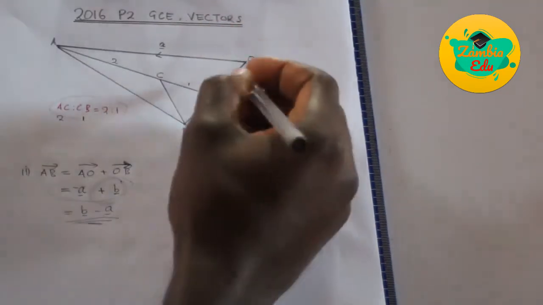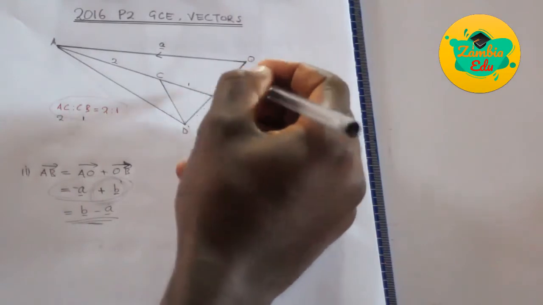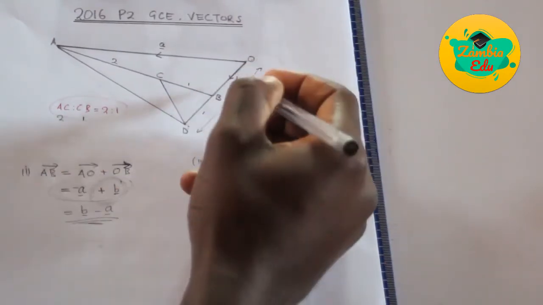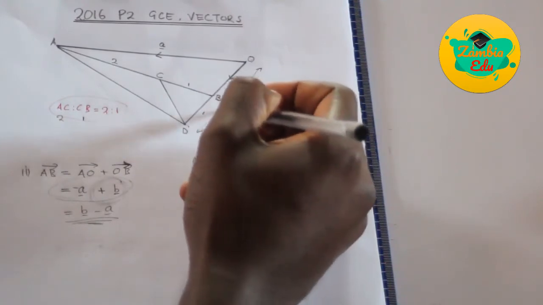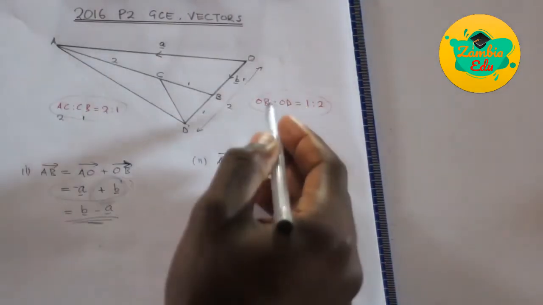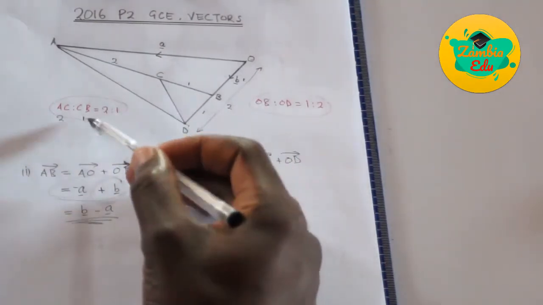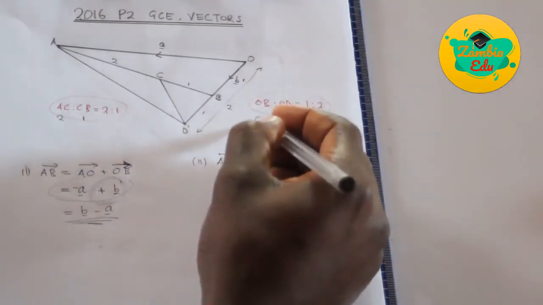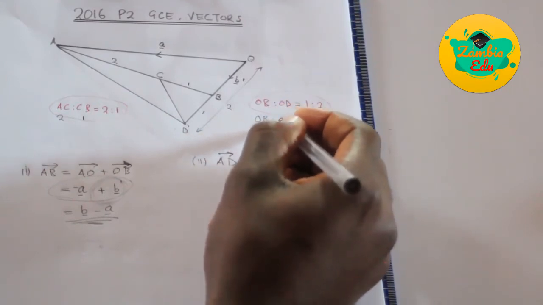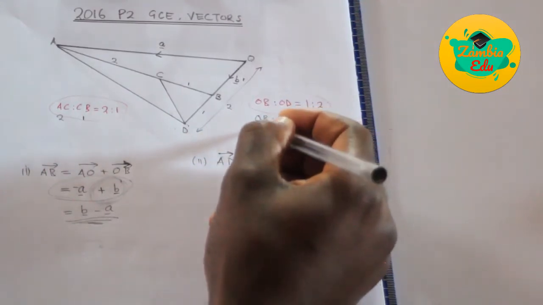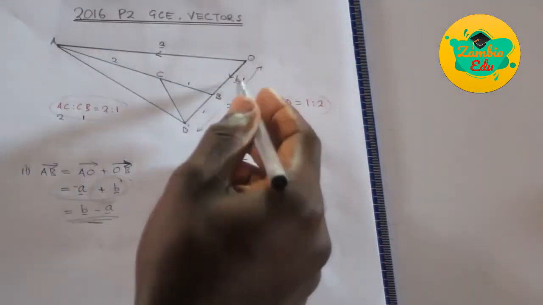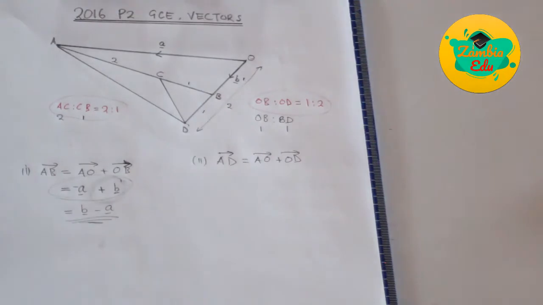What it means is that if O to B is 1, then B to D is also 1, so that 1 plus 1 equals 2. Or if you wanted to express this ratio the way the other one was done, it would be OB to BD, in the ratio 1 to 1. That's how we interpret that.